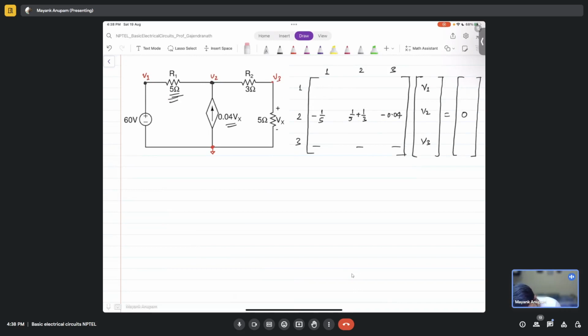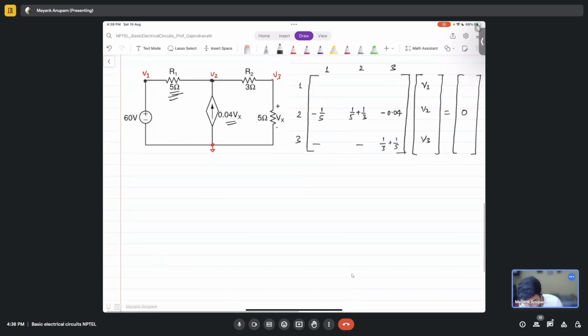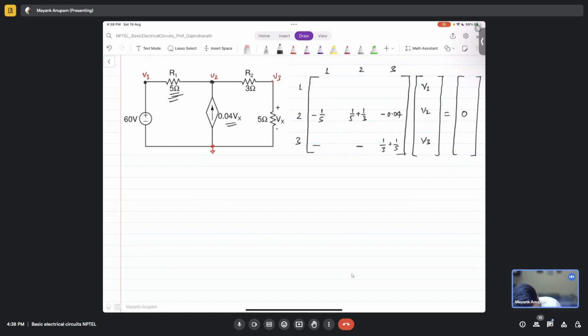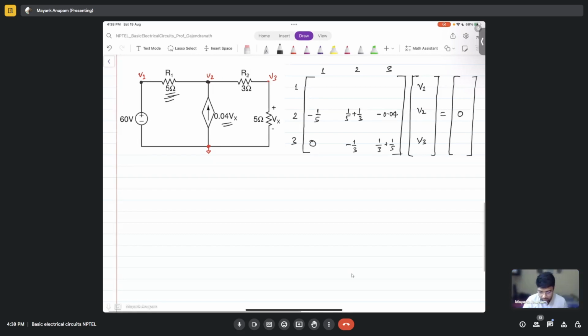What is the 3 comma 3 entry? That is simple to write: 1 over 3 plus 1 over 5. Correct? And what about the 3 comma 2 entry? Minus 1 over 3, yes. And what about 1 comma 3 or 3 comma 1? There will be 0, right? Nothing is connected between 3 and 1. No common. So this will be again 0. Correct?